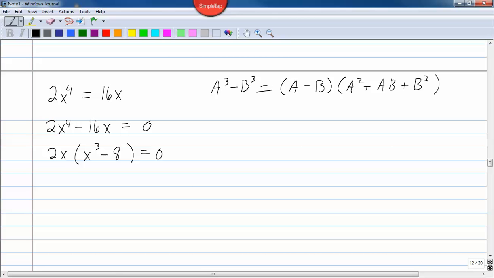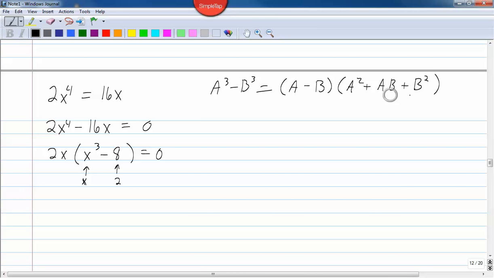So we have to figure out, to factor this completely, this x cubed minus 8, so that I can solve, you have to figure out what's being cubed. So what's being cubed to give you x cubed? The x. What's being cubed to give you 8? 2.